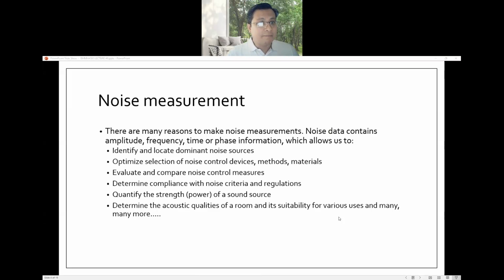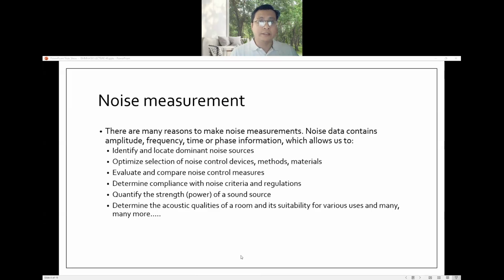Back to the slide. There are many reasons to make noise measurements. Noise data contains amplitude, frequency, time, or phase information, which allows us, first, to identify and locate the dominant noise source. So we can find where the noise comes from, and then measure and optimize the selection of noise control devices, methods, and materials.